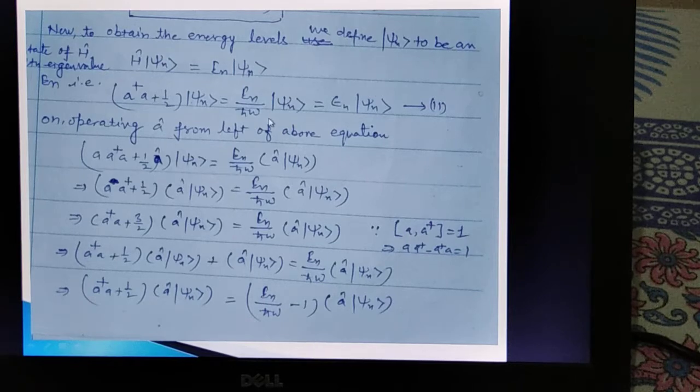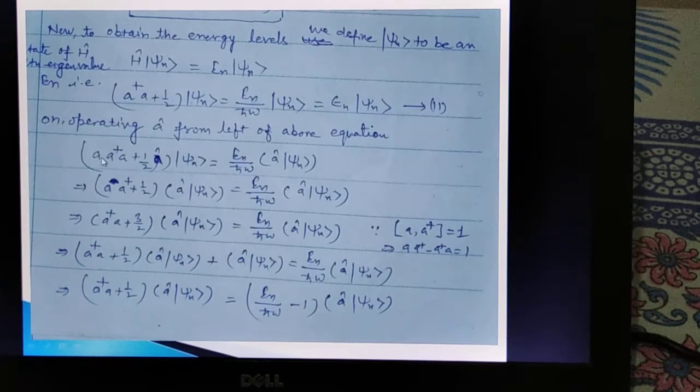And if you operate A from the left of equation number 11, then you have (A A dagger plus half) A psi n equal to En over h cross omega A psi n.